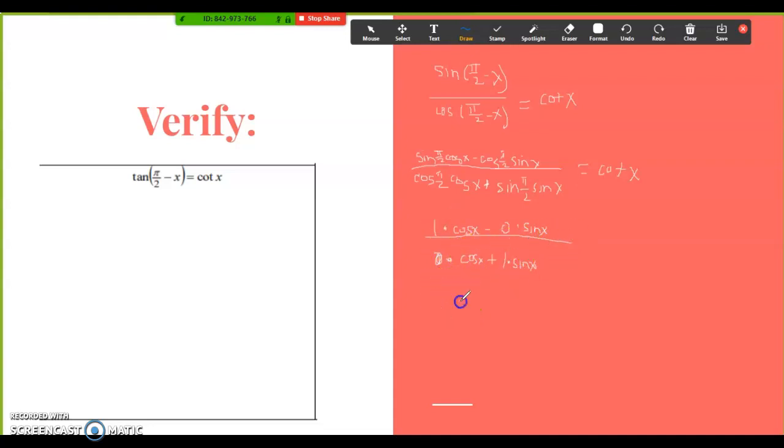That simplifies: in the numerator, the second term would go away because 0 times anything is 0, and in the denominator, the first term goes away too.